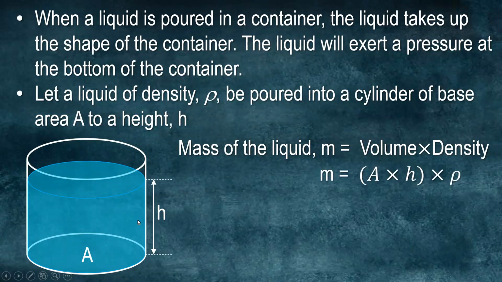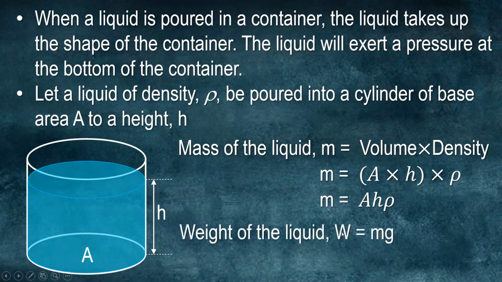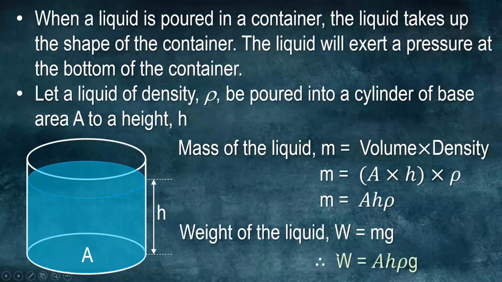So you get Ah, that is the volume, then times rho, which is the density. That gives us the mass. In other words, the mass is Ah rho. Please note that. If we have the mass, we can get the weight. We know that weight equals mg. So we multiply the mass we've obtained by the acceleration due to gravity, and the weight is now Ah rho g.